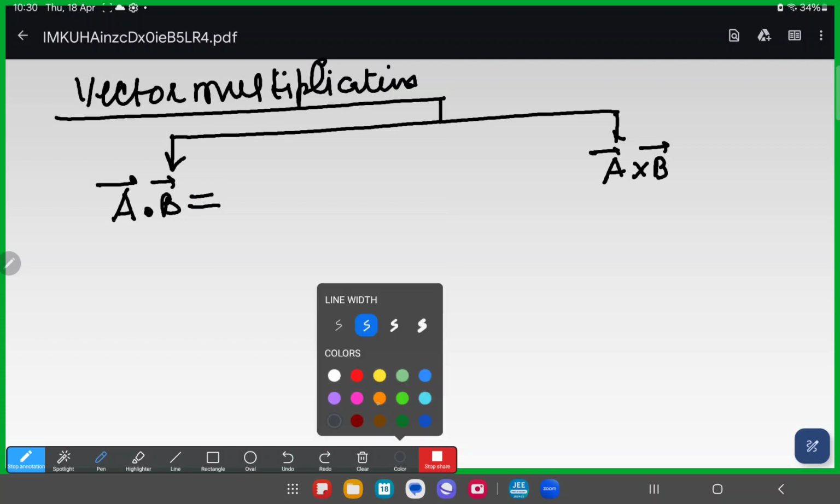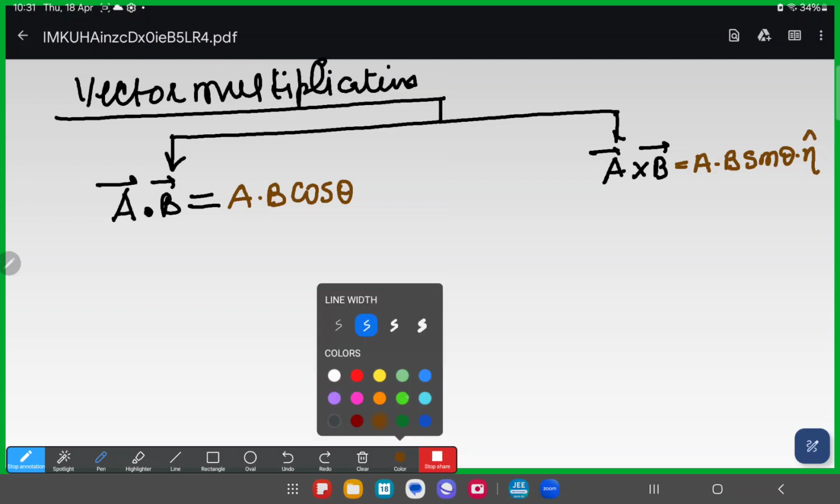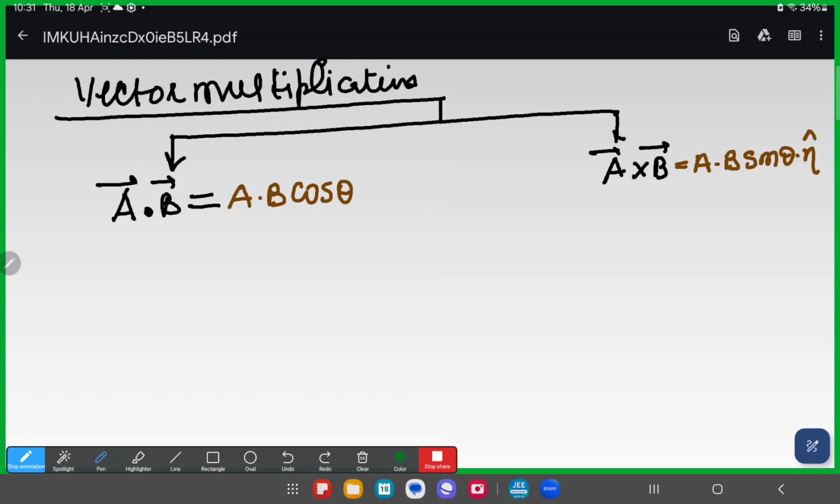Basically, the dot product will give us a b cos theta, whereas the cross product gives me a b sin theta, and there's an n cap that will give me the direction.